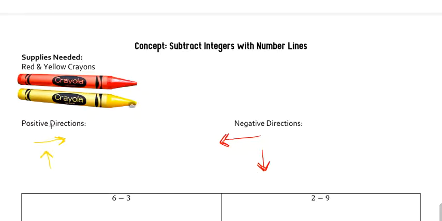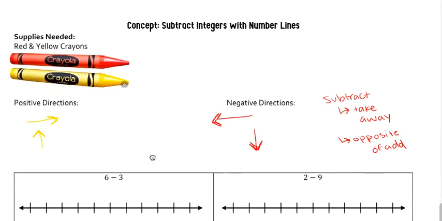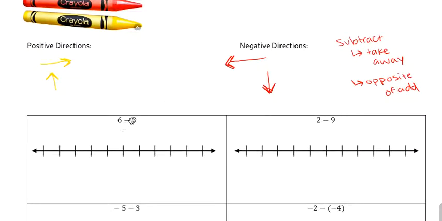But subtraction, what subtraction means, subtract means to take away, which actually means to do the opposite of adding. Okay? So when I do this first problem, I have 6 minus 3, so I'm going to label.